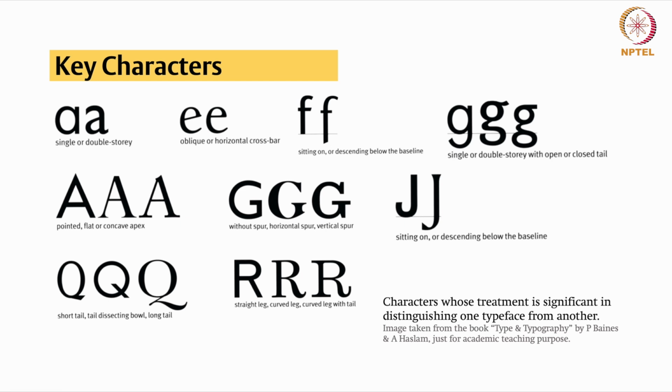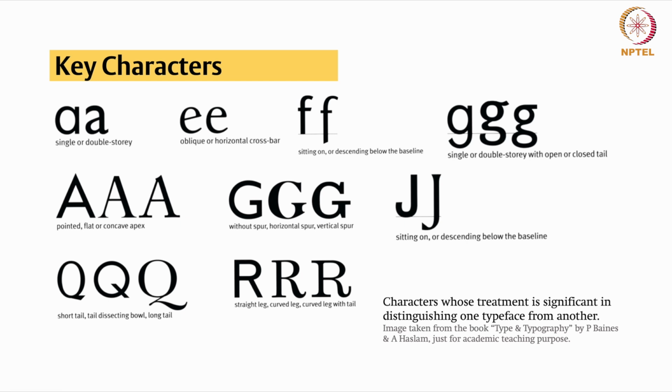You will also find a lot of variation in letter G, where you will find a single story letter and a double story letter. In single story you have a single counter space; in double story you have double closed spaces, and one open space as well.